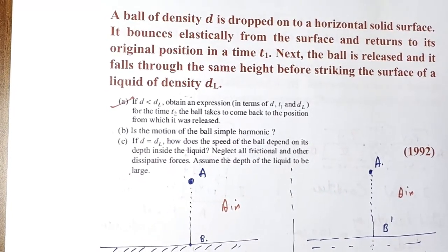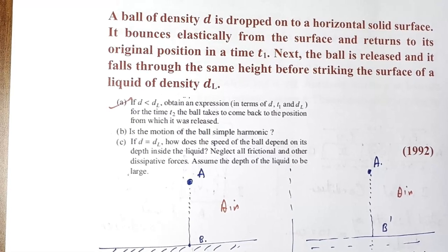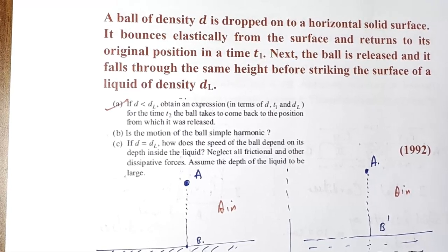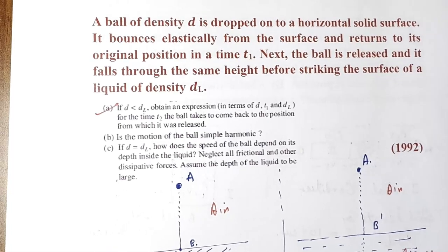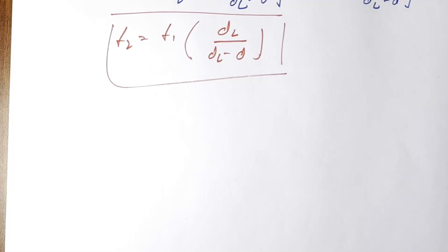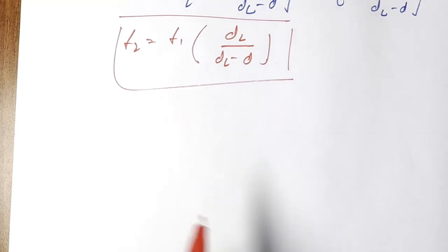And for simple harmonic, there is one necessary and sufficient condition which states that if the acceleration is directly proportional to the displacement, then we can say that the motion is SHM.